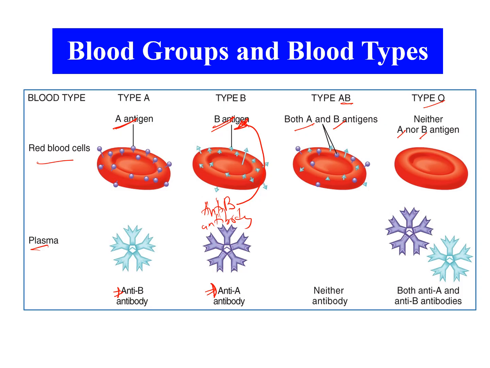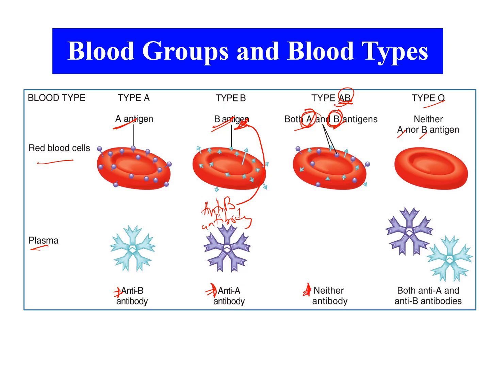But because blood group AB has both antigen A and antigen B, their plasma should not have antibody A or antibody B. That's why, in the plasma of individuals who have both A and B antigen, you won't find any antibody.